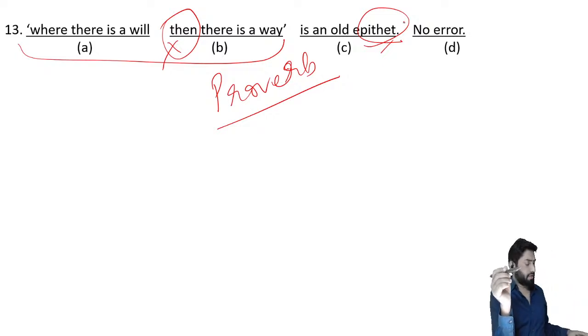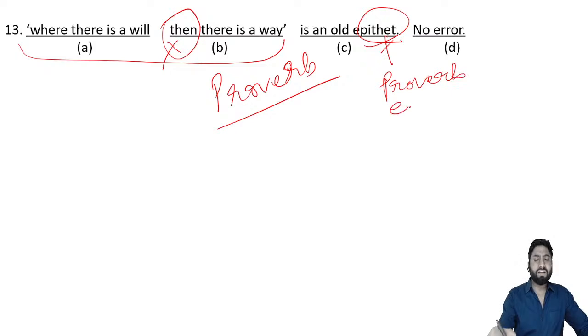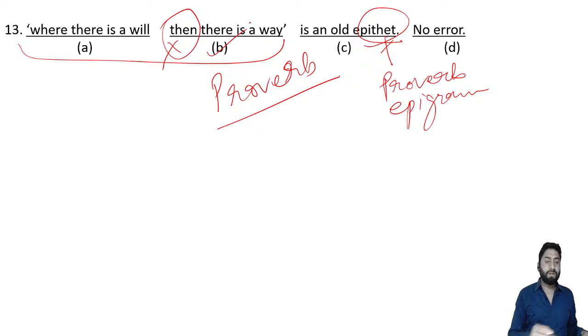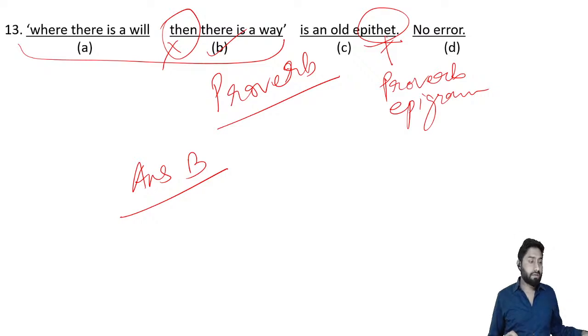This is a good saying, a good proverb, so the word epithet cannot describe it. It is not a suitable word. Here it should be either proverb, or you can go for epigram. That is fine, but epithet is not fine. So there is some ambiguity. Contextually you can mark B, but there is a problem with this word as well, so C also. That word is not suitable in this context to describe this proverb, right? Next.